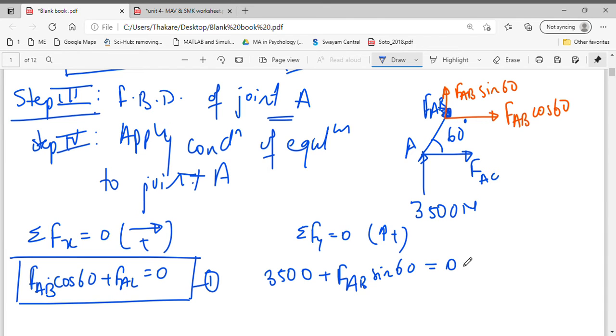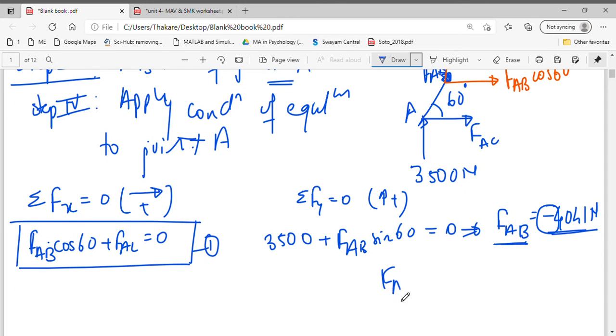On solving this, you will get the value of FAB equals to minus 4041 newtons. What does this minus sign indicate? This minus sign indicates that since we've considered force AB tensile, it is not actually a tensile and it is a compressive force. So FAB is actually 4041 newtons of compressive force.